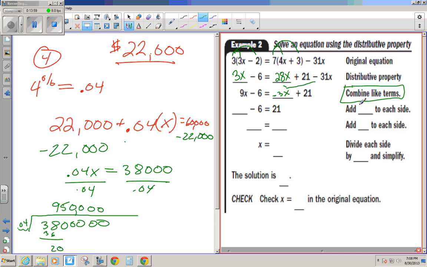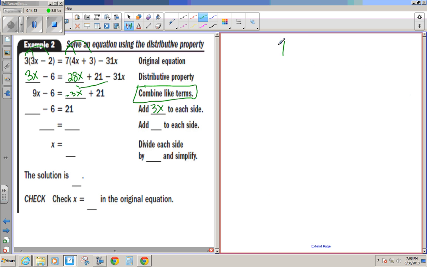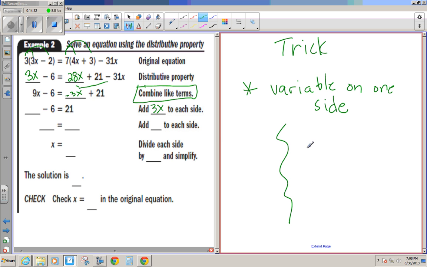Now add 3x to both sides. When you're isolating a variable, the variables need to be on one side. A good trick when you're isolating is it's better to move the smaller number.